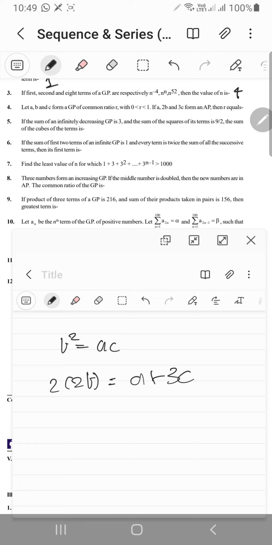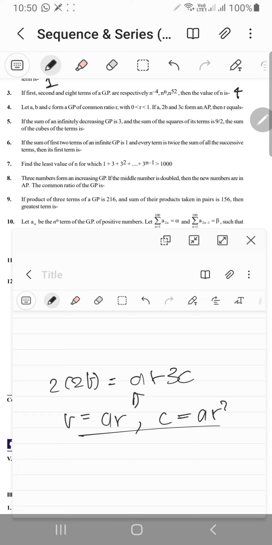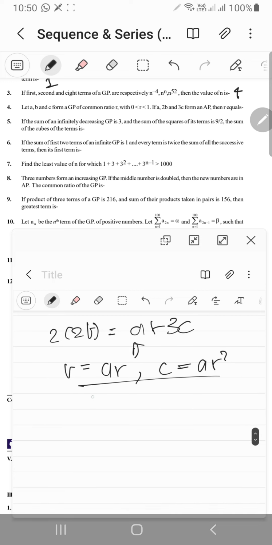Yes. Okay, so these form a GP with common ratio R. You know what, instead of using this equation, I'm just gonna say that B is AR and C is AR squared, and put that into this equation. That will be 4B, which is 4AR, equal to A plus C, which is A plus AR squared.